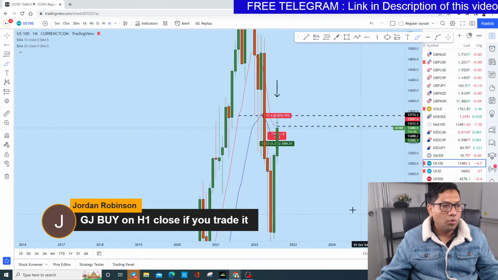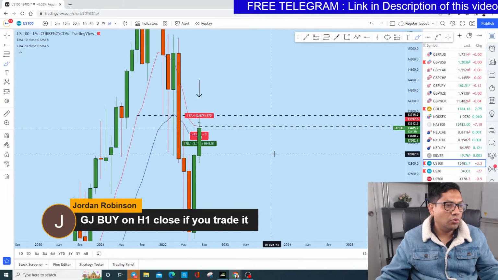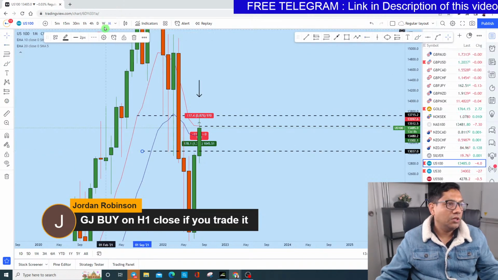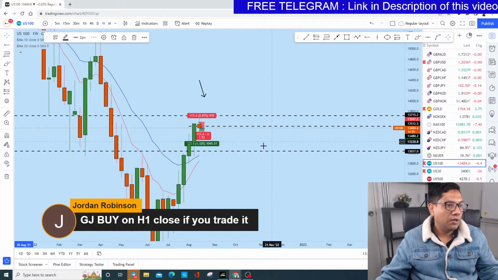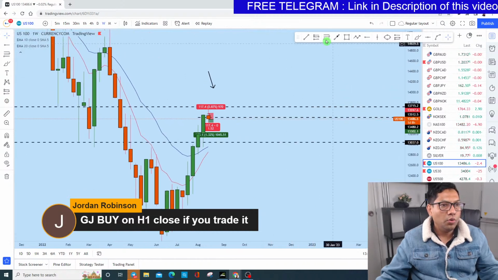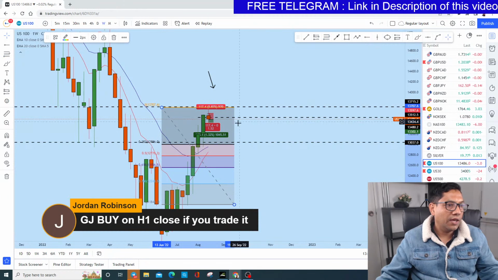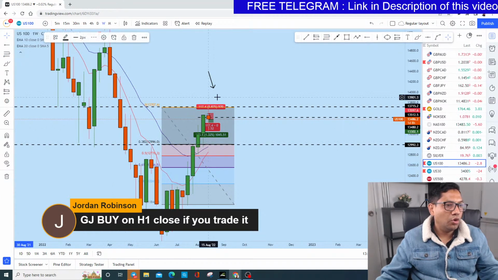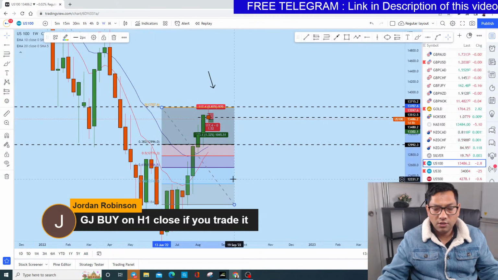Monthly, we see the price in a very important zone. We might see a monthly doji here. Okay, probability of doji. Weekly, if we take our Fibonacci on the weekly time frame, starting from here, we can see this is the zone that I marked exactly with 38.2% Fibonacci.